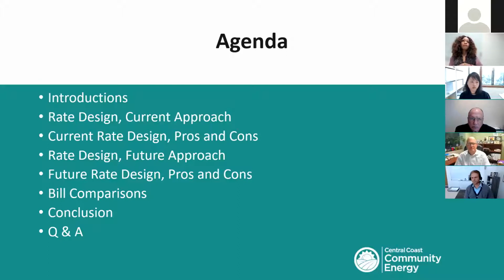And then a brief high-level overview of what the pros and cons are of that rate structure, and then go forward into what our future approach to rate design beginning in 2022 will be, what the pros and cons are of the new rate design, and then we will also walk through a few bill comparison options so that you can see for yourself how that design looks when you compare current bills to the future rate options that you'll have available to you. After that, I'll do a quick wrap up, in conclusion, and then we'll open things up to the Q&A.